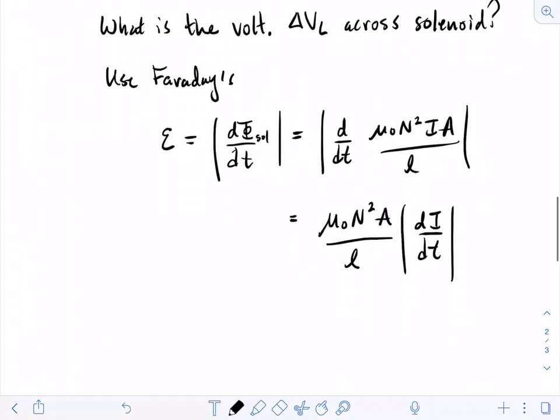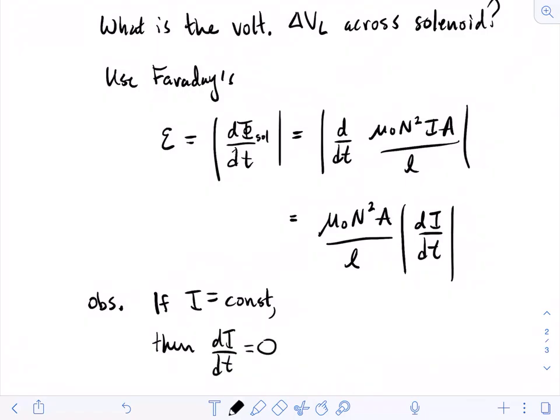Okay, so one observation is if I is equal to a constant, then dI/dt is equal to 0, which says that this induced EMF from Faraday's law is equal to 0.